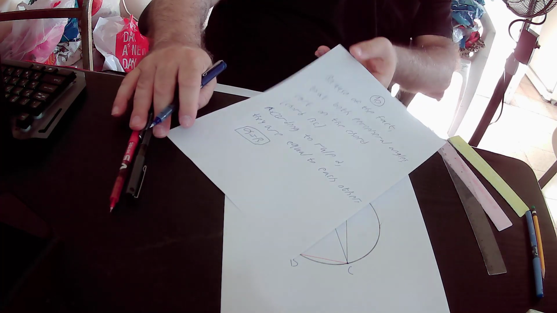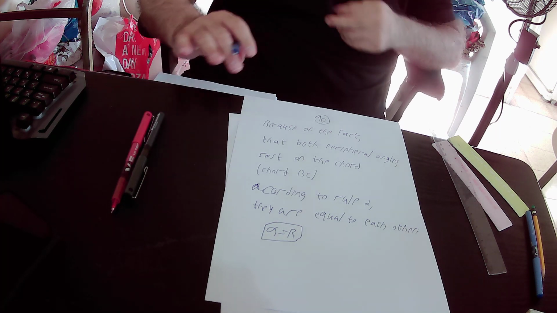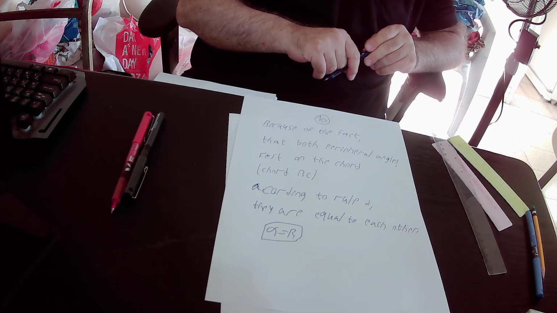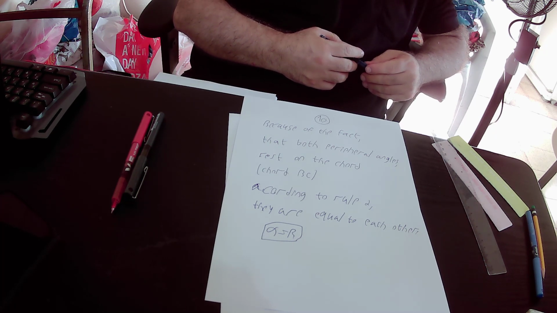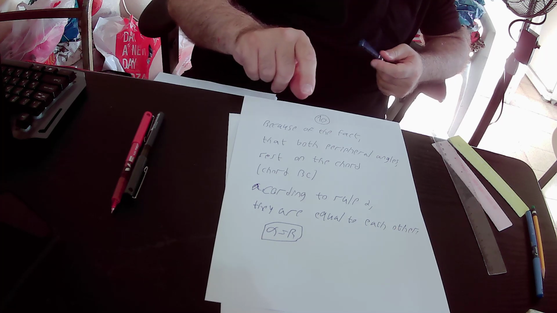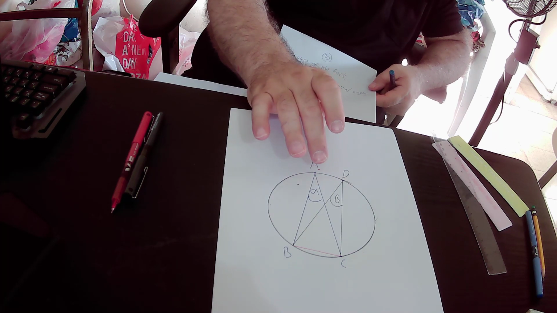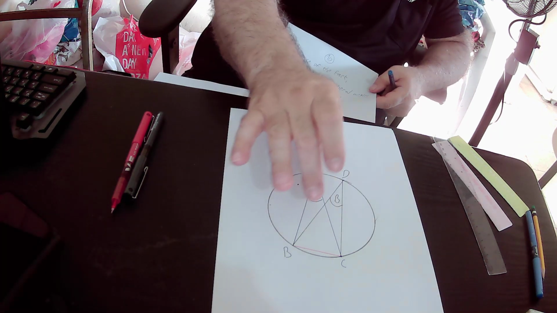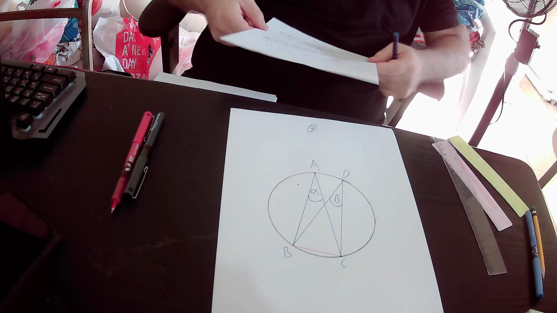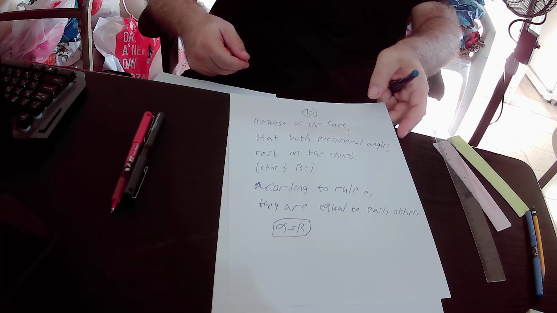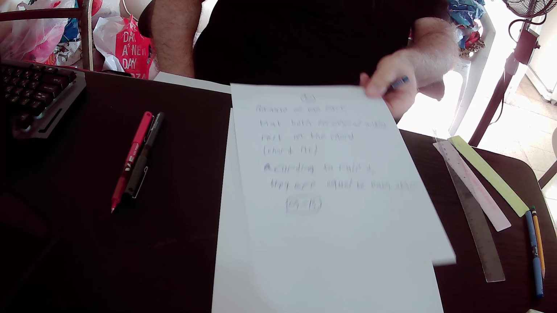So I'll read again the things that I wrote. Because of the fact that both peripheral angles alpha and beta rest on the same chord, that is to say BC, as you can see from the drawing, angle alpha rests on chord BC and angle beta also rests on the same chord BC. According to rule number 2, they are equal to each other.